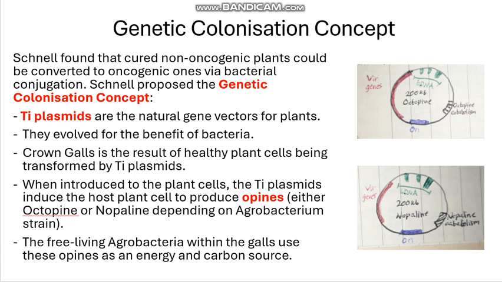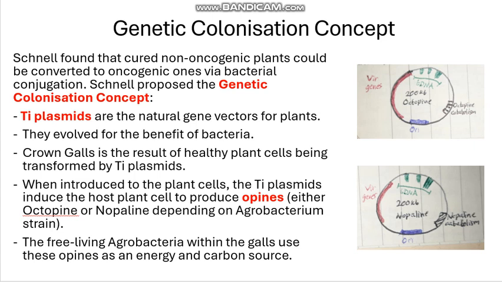Schell proposed the genetic colonization concept, where the Agrobacterium were producing Ti plasmids. You have the nucleoid in bacteria, which is their central genome, and then you have these very small circular pieces of DNA called plasmids. These Ti plasmids are only 200 kilobases in length, containing very few genes, but they can be important, giving bacteria resistance to things like antibiotics or to produce specific things.